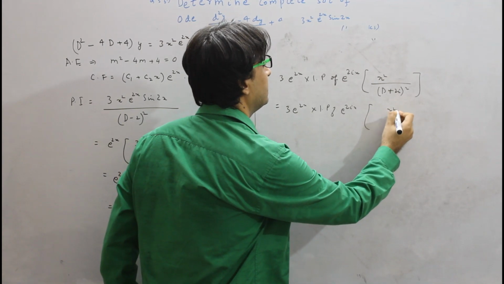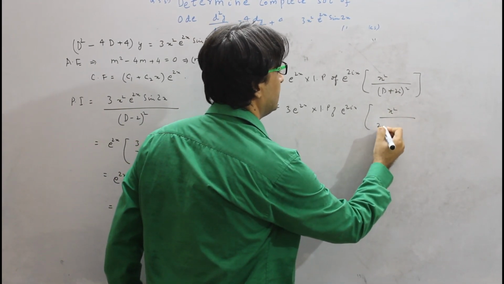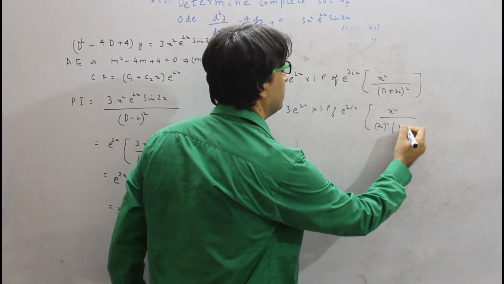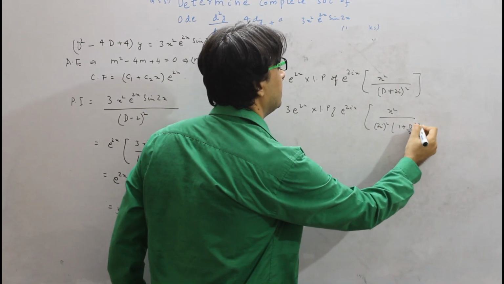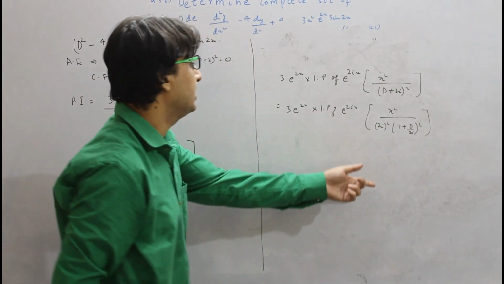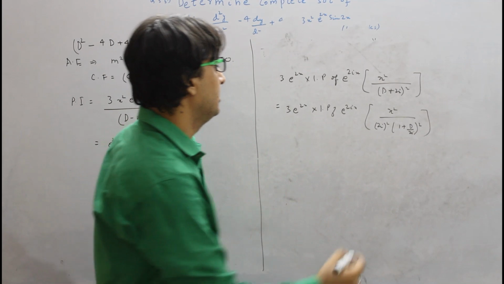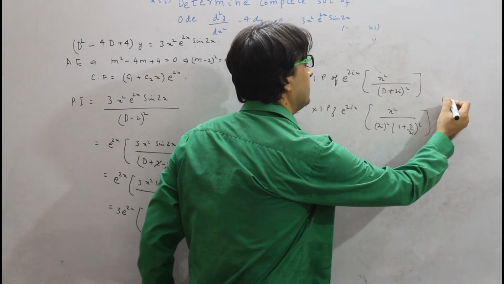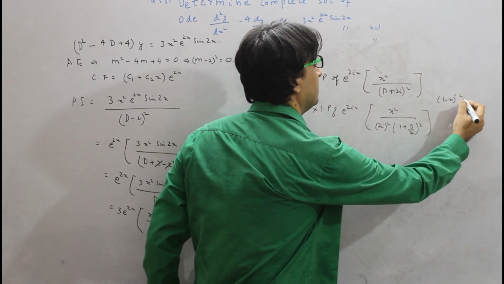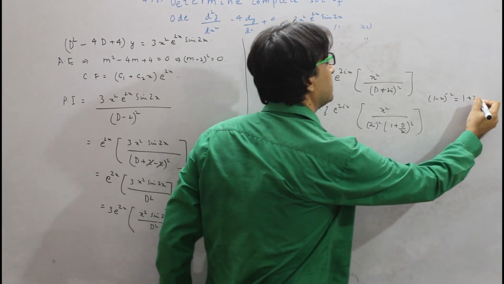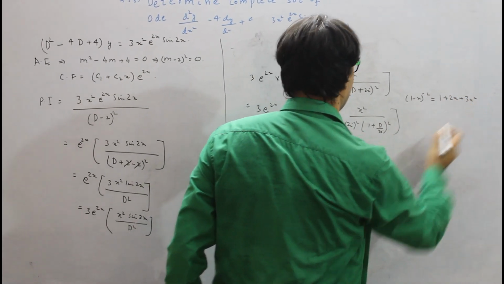That is, we can write it as x square, we can take 2i square common, 1 plus d by 2i whole square, and then we can proceed and find by using this formula 1 minus x, or 1 plus 2x plus 3x square.